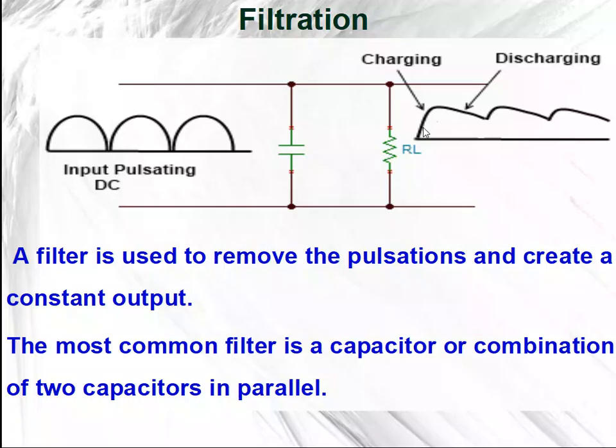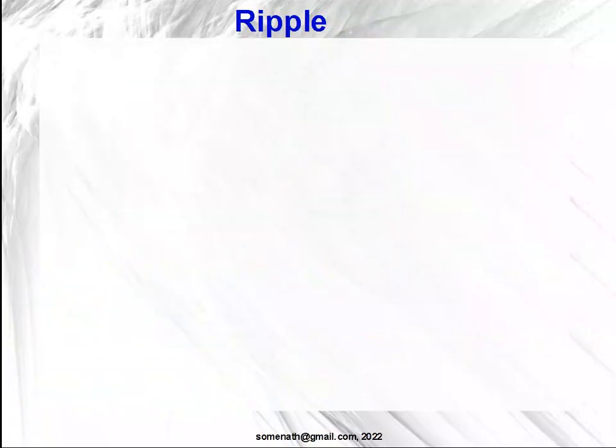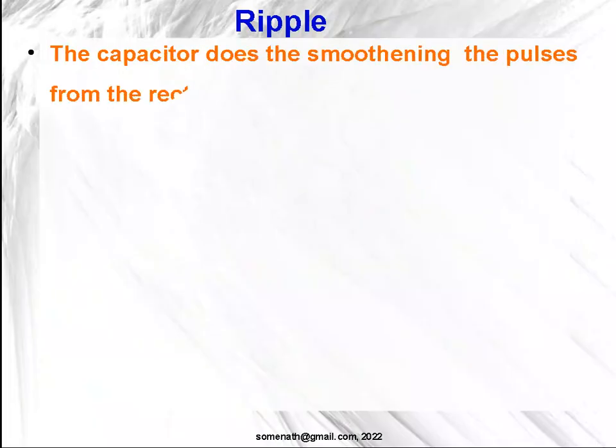Based on this, what we can see is that the pulsating points are basically moving up, such that we can get a stable output, not like the pulsating. So that is called the filtration. Filtration means whatever noise or ripples are there should be eliminated from there. The capacitor smooths the pulses from the rectifier into a more constant DC.